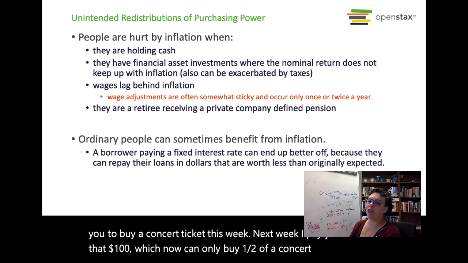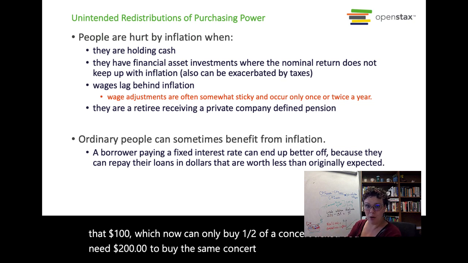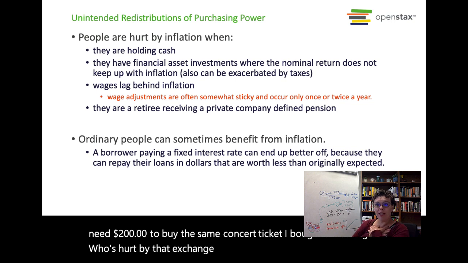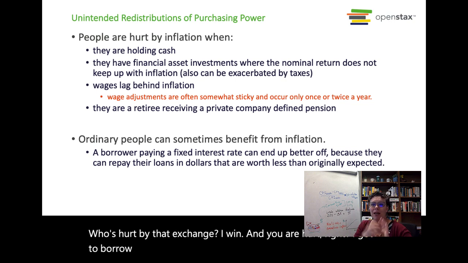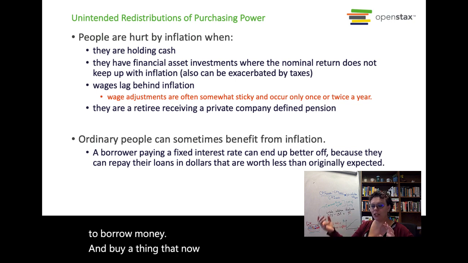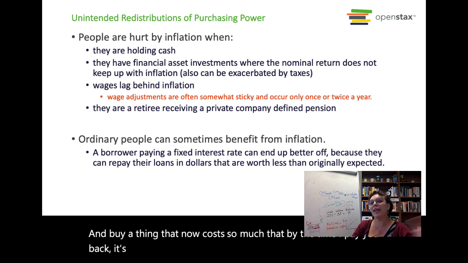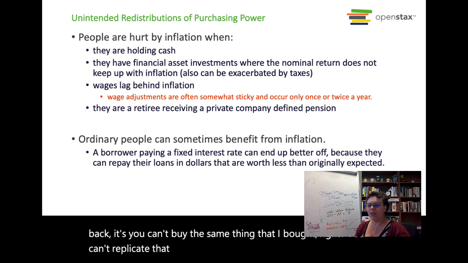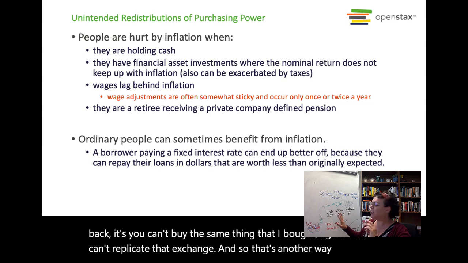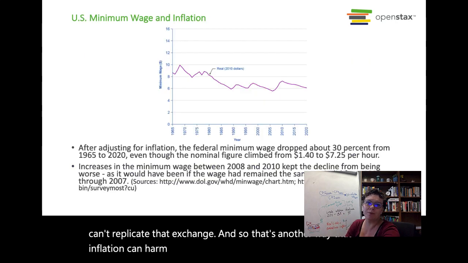You need $200 to buy the same concert ticket I bought a week ago. Who's hurt by that exchange? I win and you are hurt, right? I got to borrow money and buy a thing that now costs so much that by the time I pay you back, you can't buy the same thing that I bought, right? You can't replicate that exchange. And so that's another way that inflation can harm individuals.